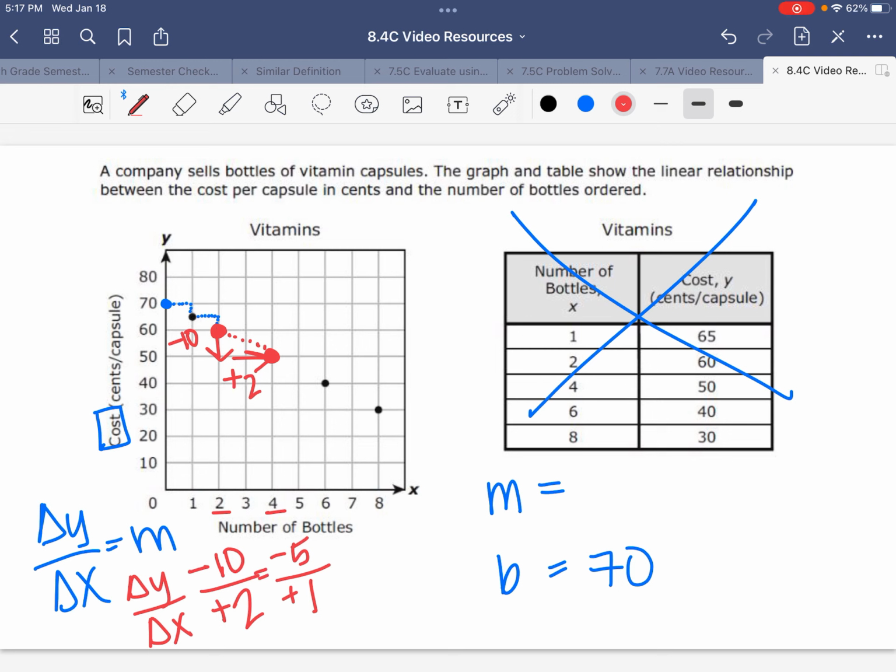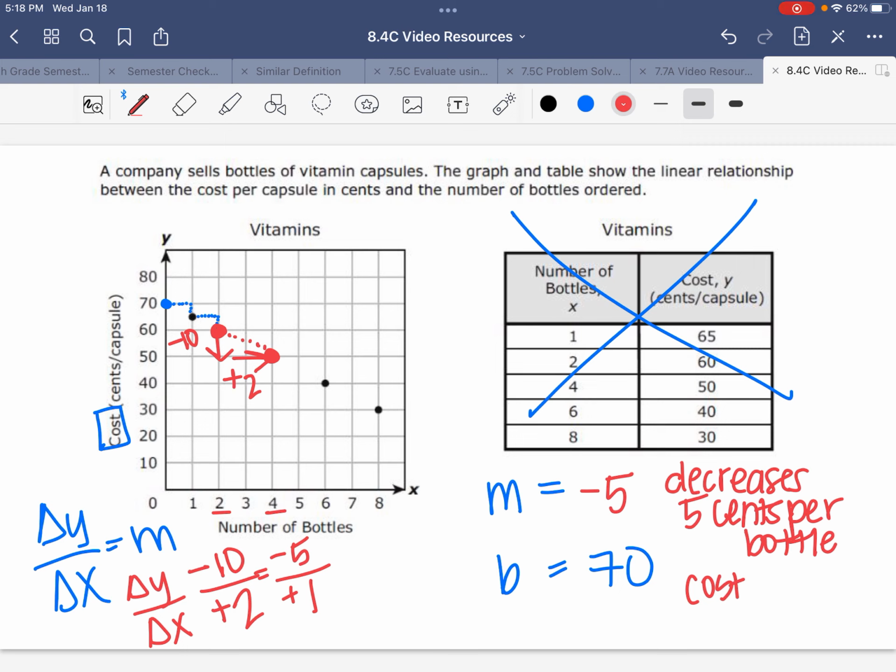So then my slope would be a negative 5 to represent the 5 cents that it decreases the more bottles you buy. So it decreases 5 cents per bottle. And our 70 cents represents that cost without any bottles.